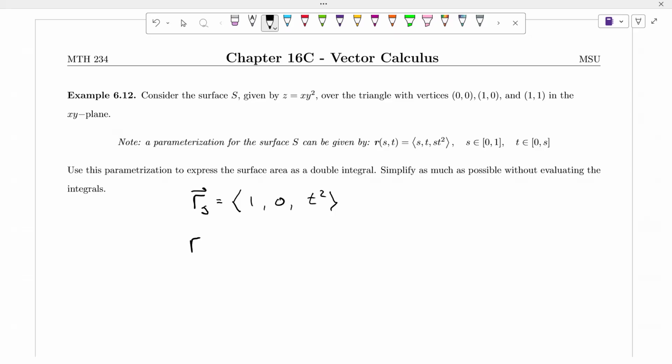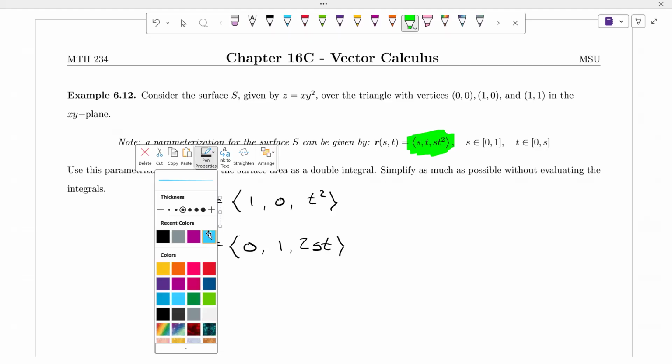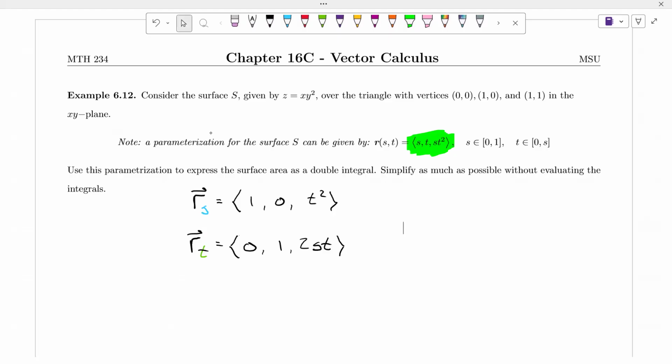I also need r partial t, which is 0, 1, 2 st. Right, I'm looking right here to calculate those guys. Whatever my parameterization is, go take some partial derivatives of it.